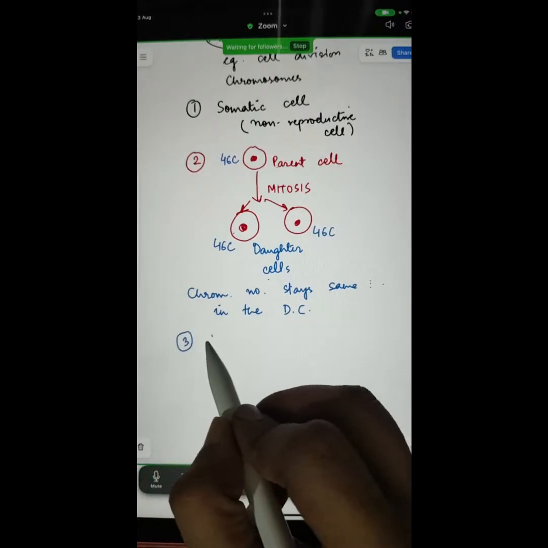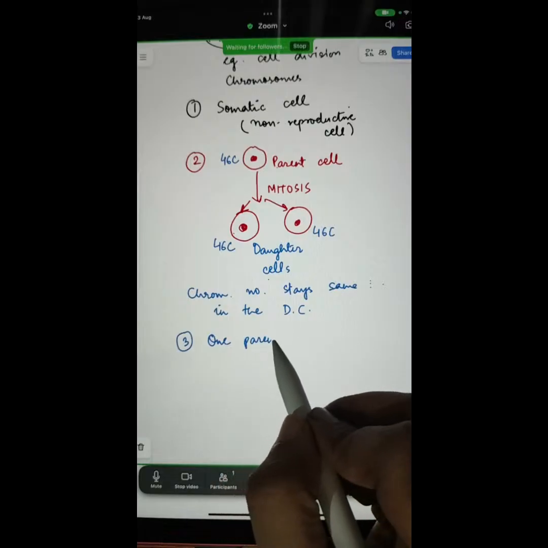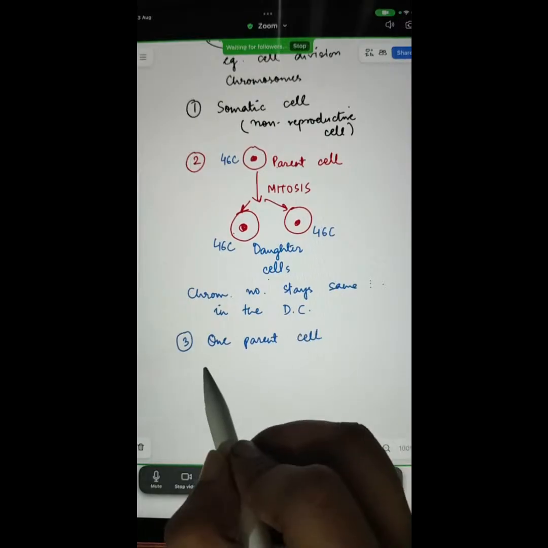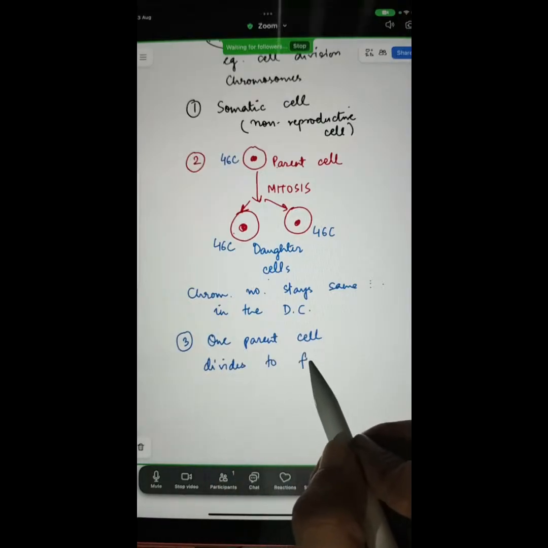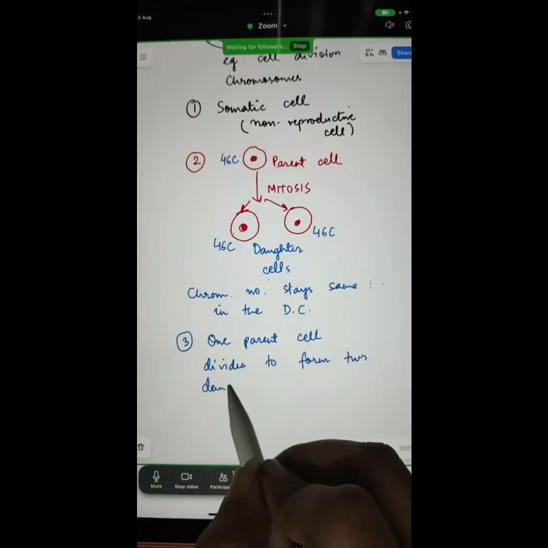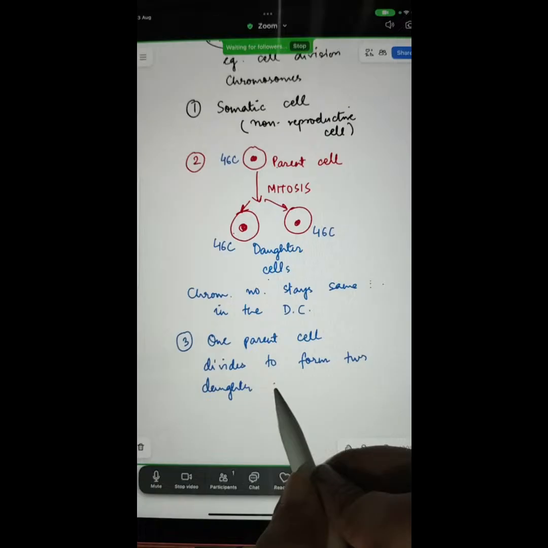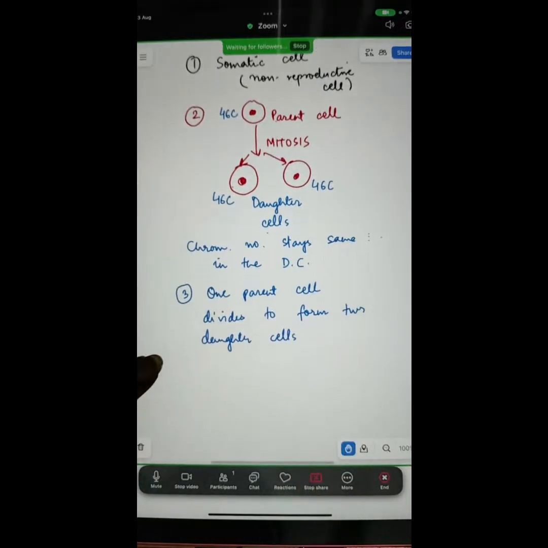So third thing, one parent cell divides to form two daughter cells. So this is the third thing that we have written in the case of mitosis.